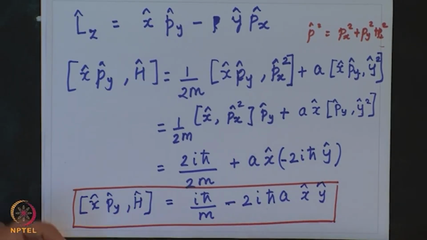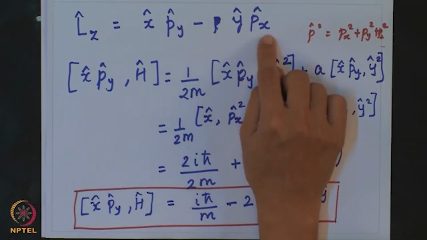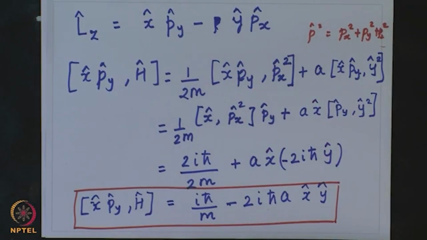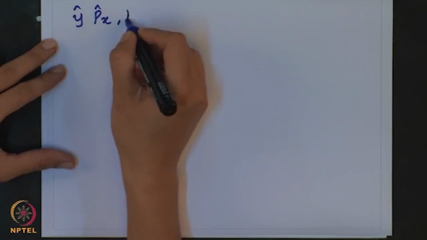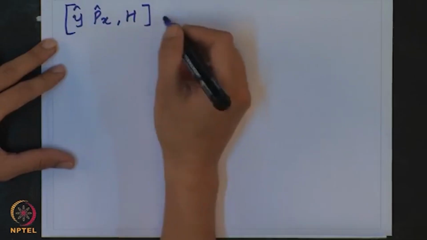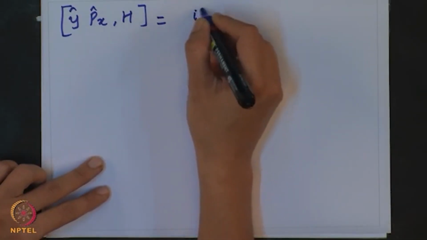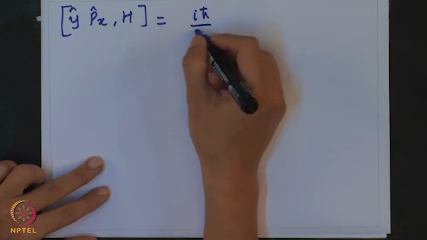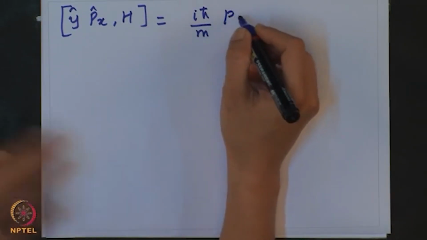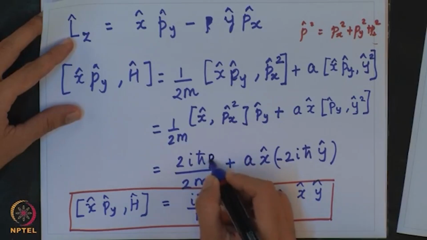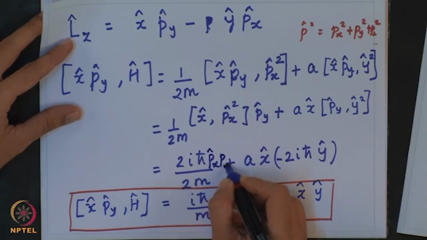Similarly, by inspection you can guess the value of the commutator of ypx with the Hamiltonian. The commutator of ypx with the Hamiltonian would give me i h cross upon m, where I have px py.